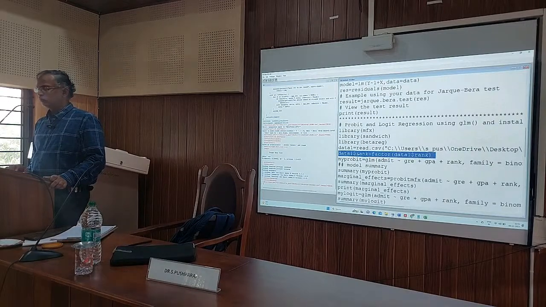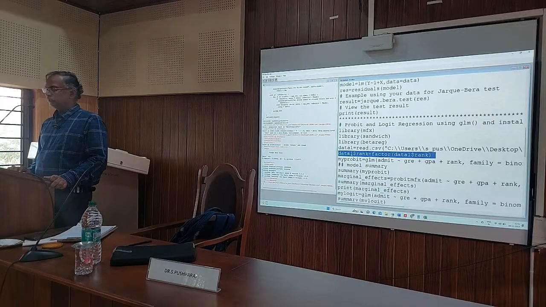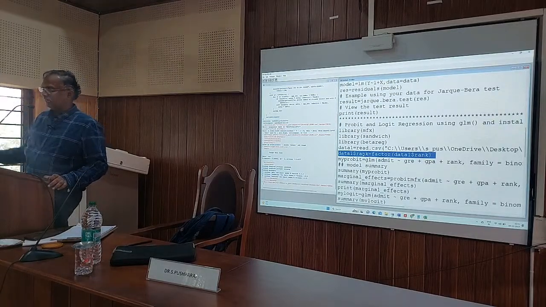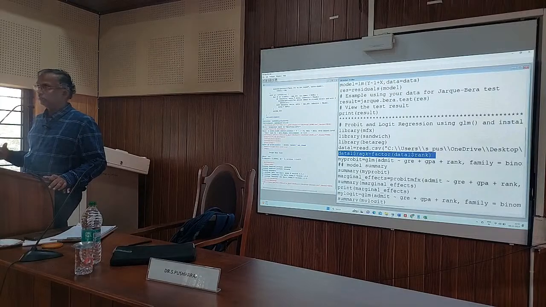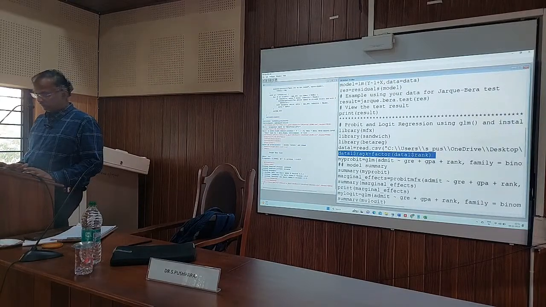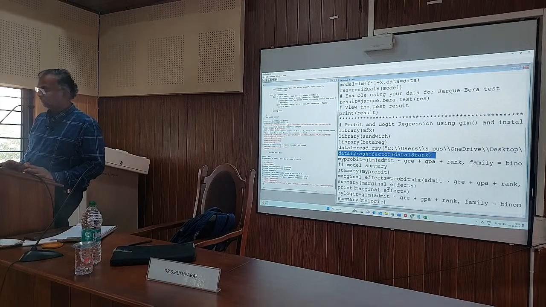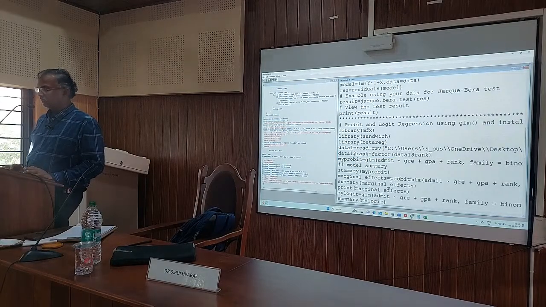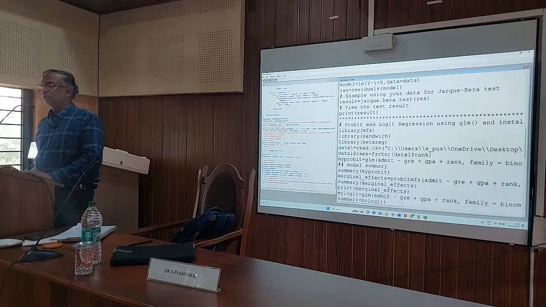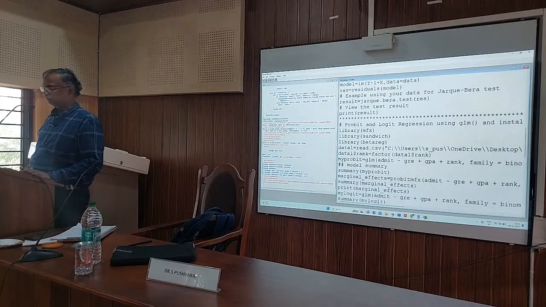So I am going to convert, in data1, this particular column, the rank column. The rank column has to be taken as a factor variable. I am defining it. R has to be instructed to treat this variable as a factor separately. It is done. Now I am going to run the probit model.